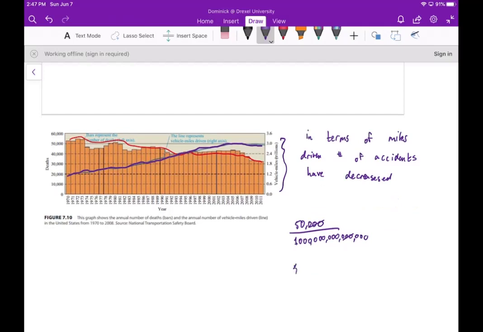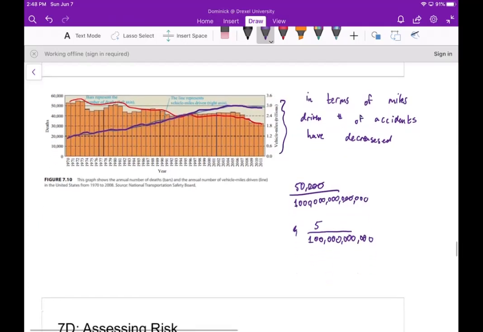So when all is said and done, we're going to have 5 over 1, and then 100 billion. So you're going to have point and then a bunch of zeros and then a 5.